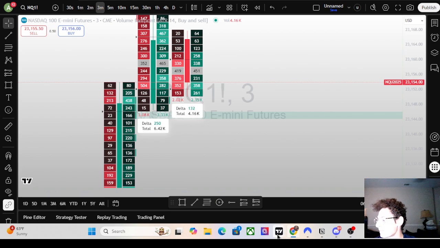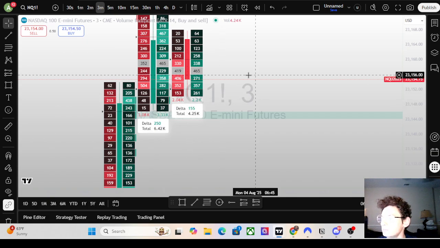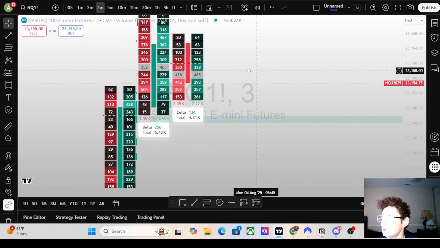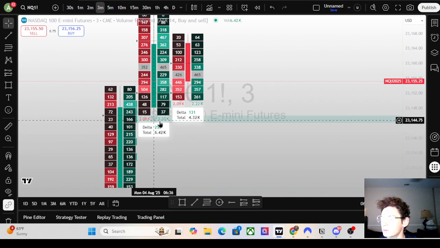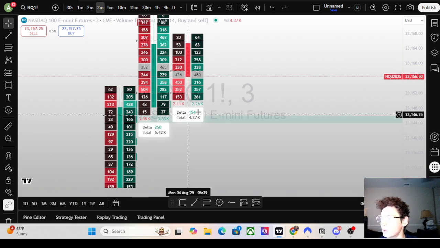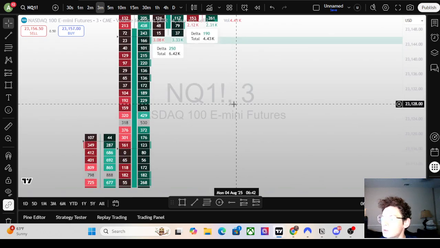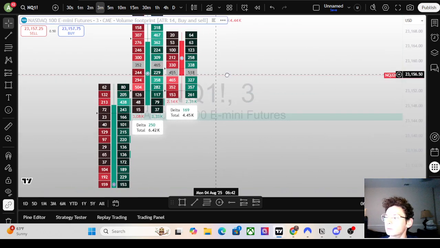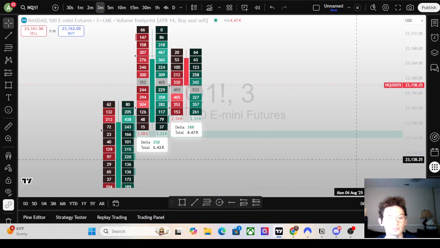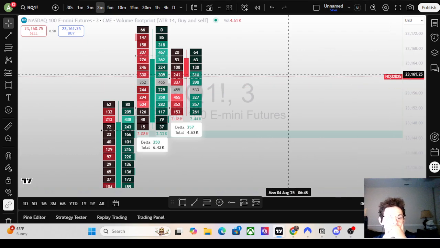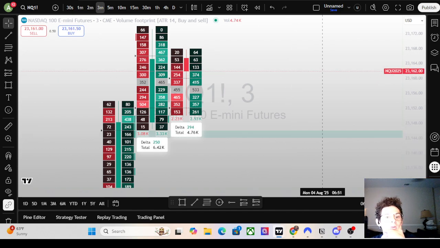I'm gonna go ahead and go to my regular chart. So delta is still green. Delta is still positive, so there's still positive momentum in the market. Definitely seems like this will be a waiting day for me.